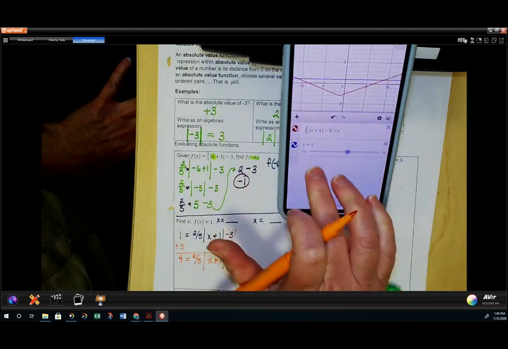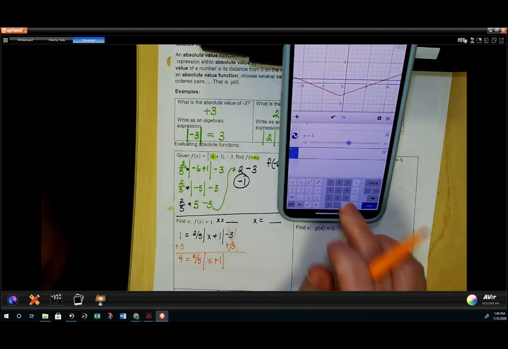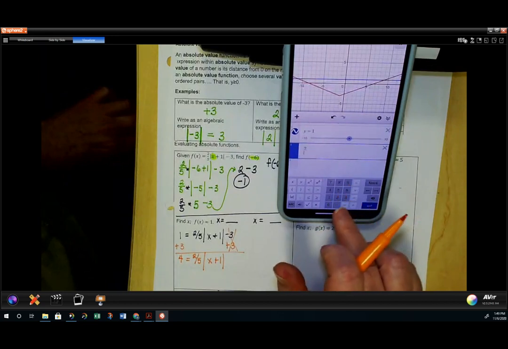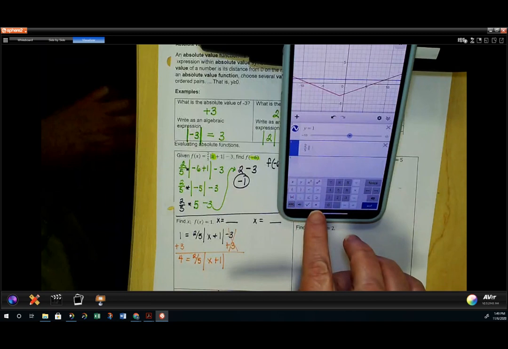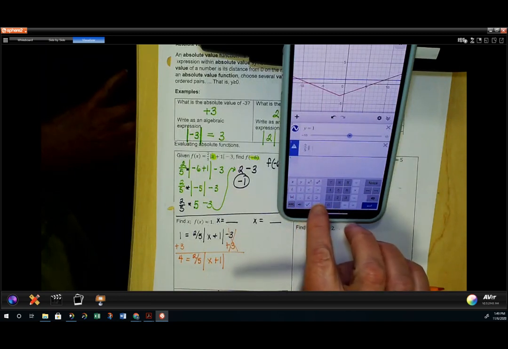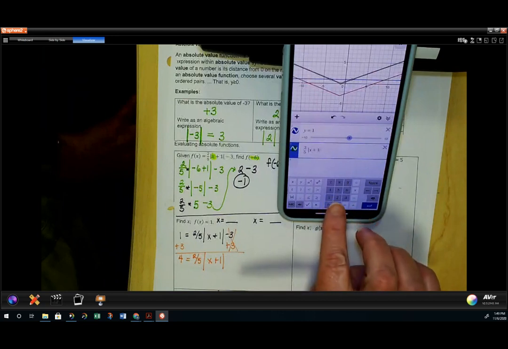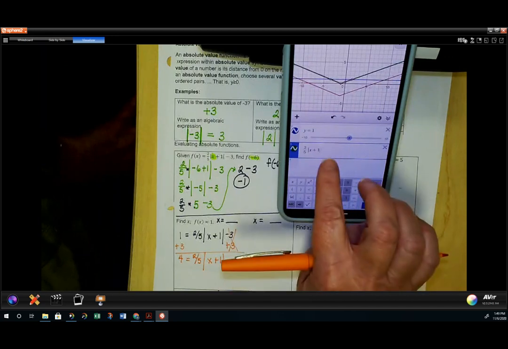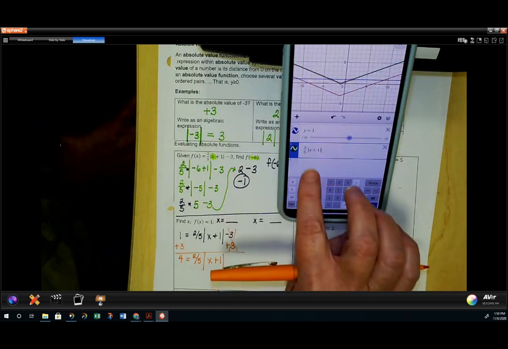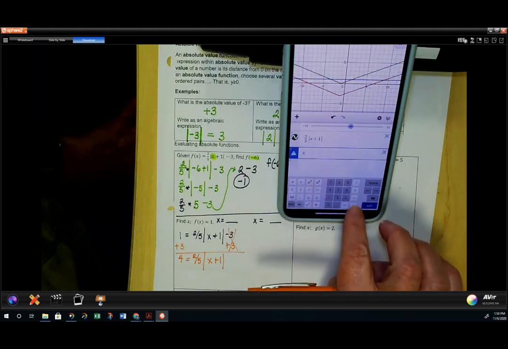Now let me show you something. If I just type this part in, 2/5, 2 divided by 5, and then I arrow over, absolute value, x plus 1, and then y is equal to 4.